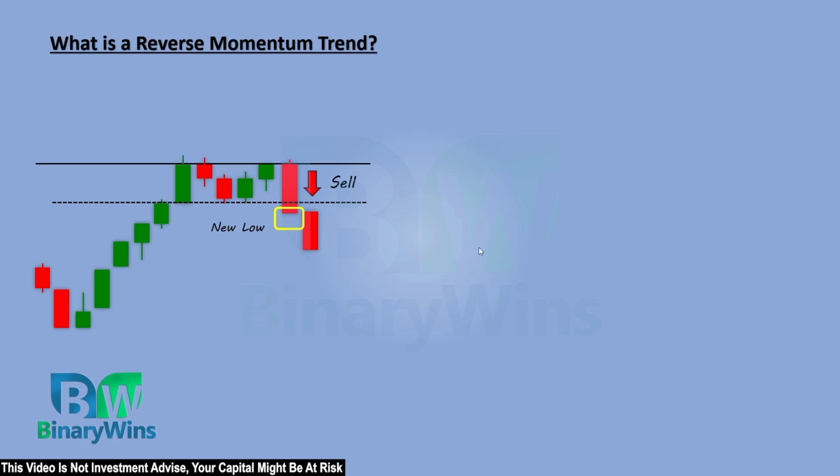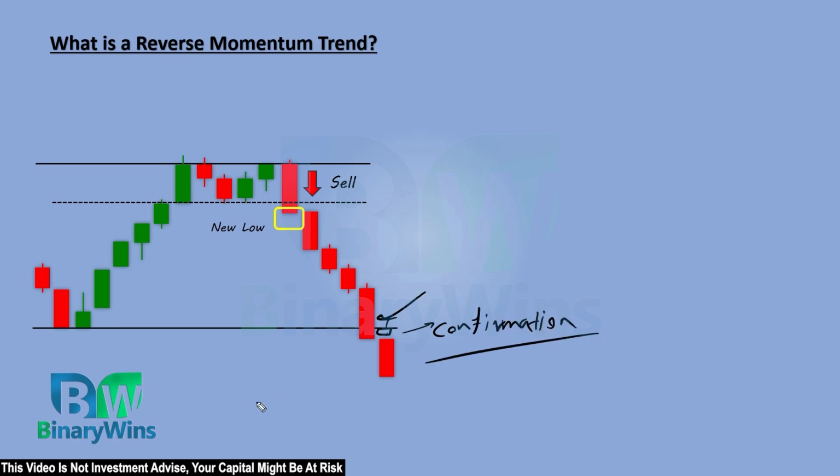Again, the candles continue on their path, and we can go with the momentum, and if the initial level of the momentum is broken, we can enter the lower trade after receiving the confirmation. Okay?